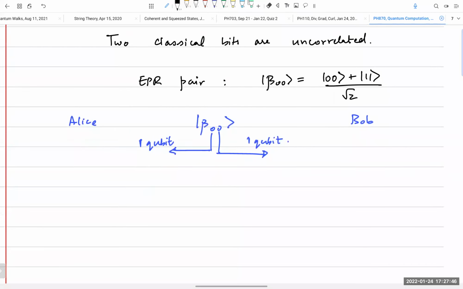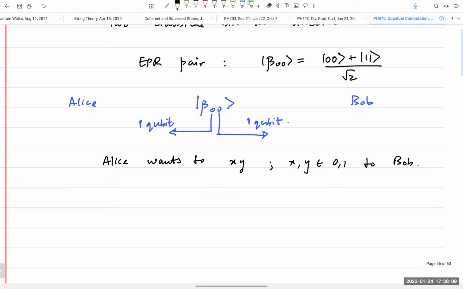So the algorithm is the following. Alice wants to send the message xy, where x and y both belong to 0 and 1. So what does she do?